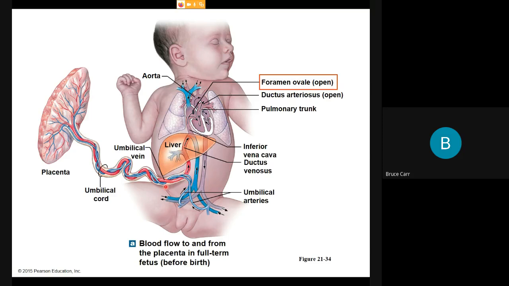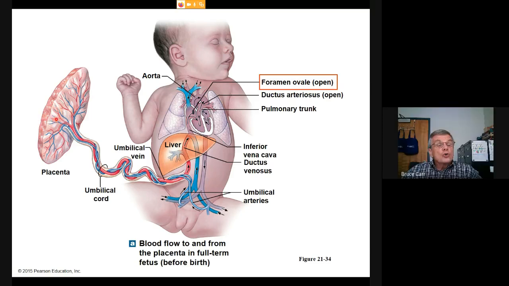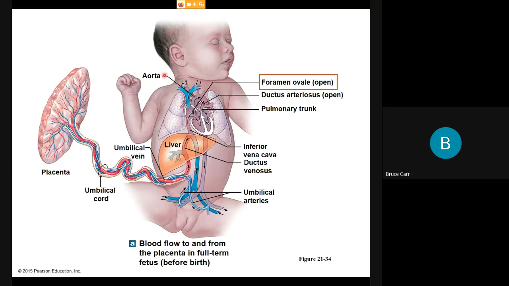This double braid of umbilical arteries is carrying depleted blood up the umbilical cord to the placental capillaries. So this is actually the conformation of that cardiovascular system in the full-term fetus.